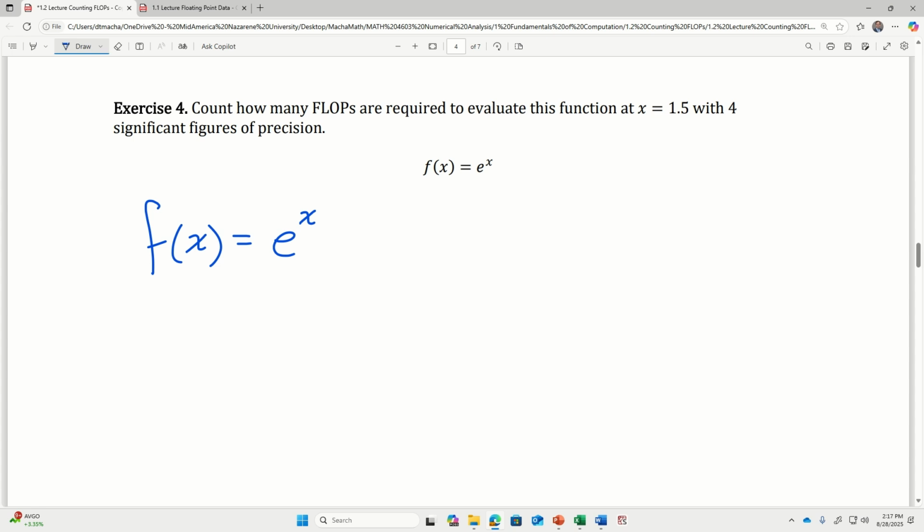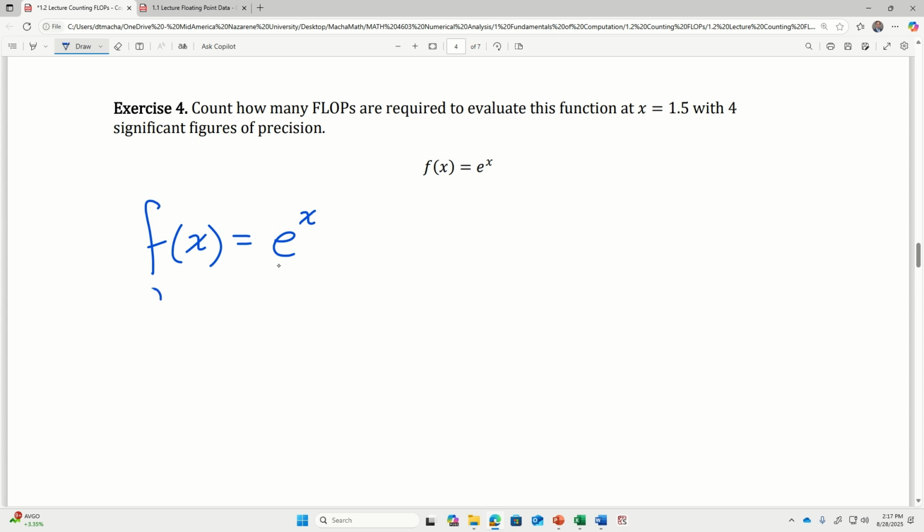I think e to the x is an entire function. That means you can have a Maclaurin series for this function, and it has an infinite radius of convergence. It converges for the entire real line. And so if that's true, then the Maclaurin series is a completely valid way to evaluate this function on a computer, right?